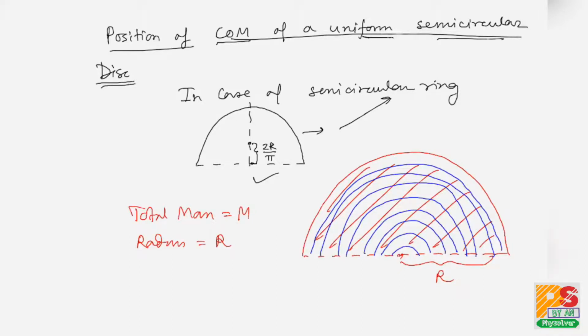Now we will choose a very elemental ring at a distance, suppose small r, from the center O. Let's draw it clearly.